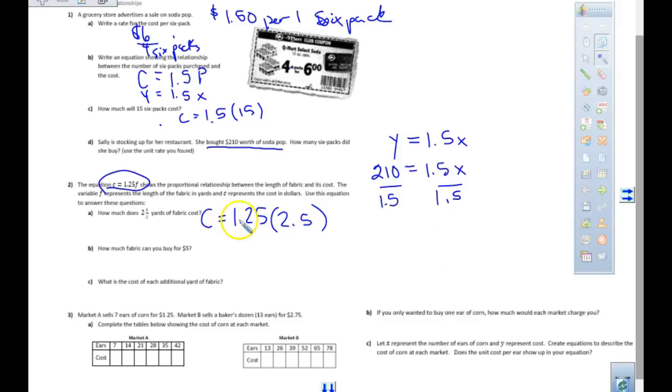So I would just round it up. So tell me, what did you get for your cost? 3.125. So 3.13. They're going to charge you $3.13, because they're not going to charge you $3.125, and I would have taken either 12 cents or 13. Good question. But we're going to the nearest cent.